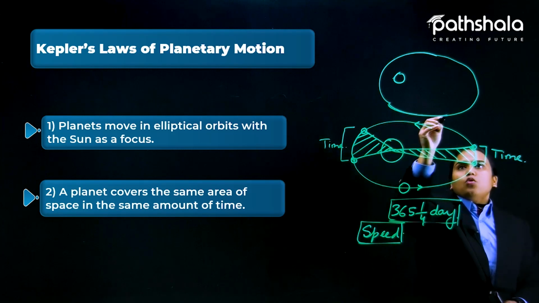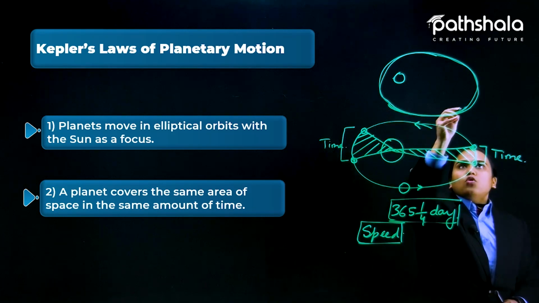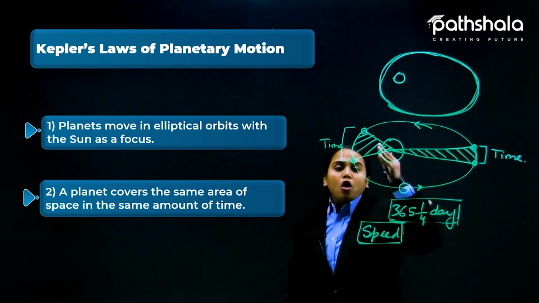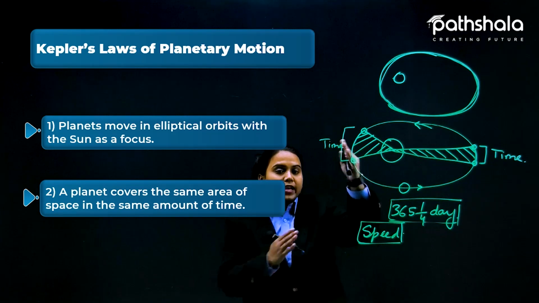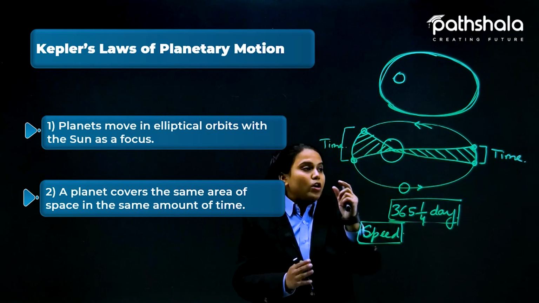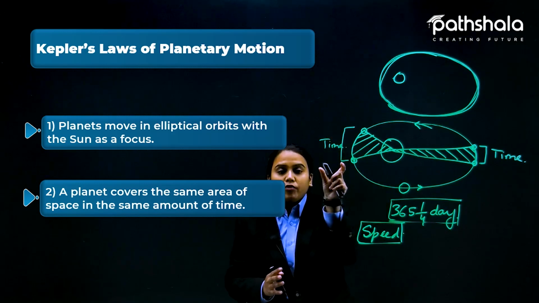Then again slow, then again fast, then again slow, then again fast. So the part of the earth nearby the sun moves very quickly because it has to cover that distance in an equal amount of time.